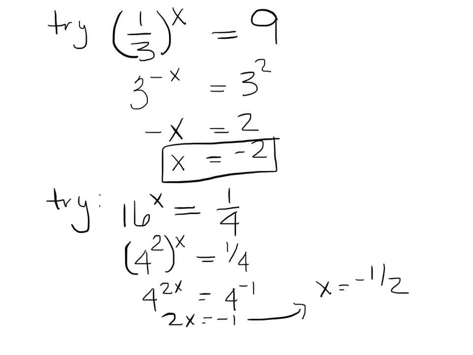Alright, last thing real quick. I want to talk about what's called the natural base. You're going to see this a lot. It comes up. And I'll leave it as a demonstration in class of how we actually come up with this number.